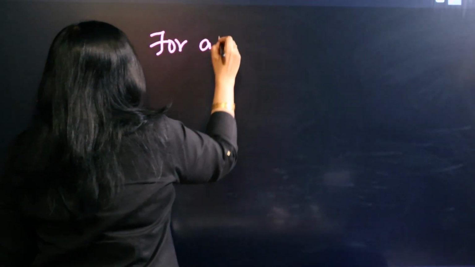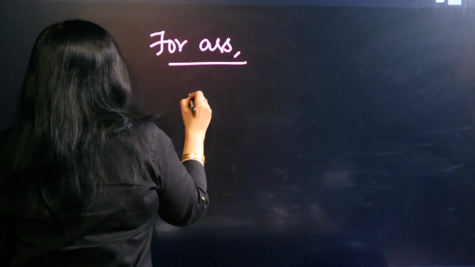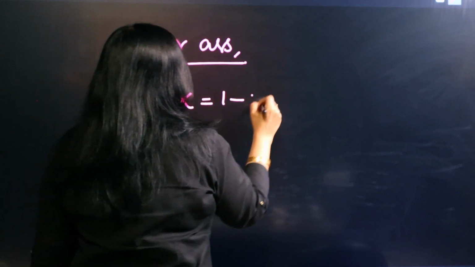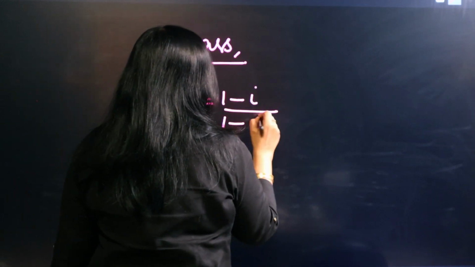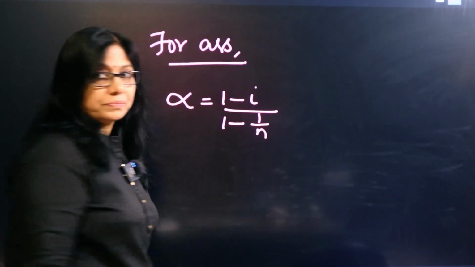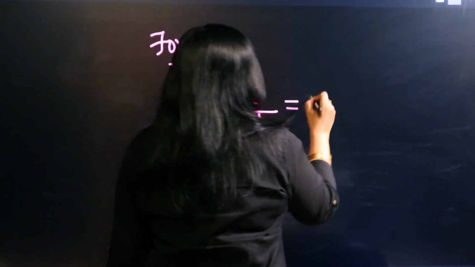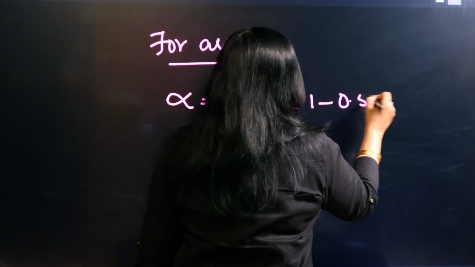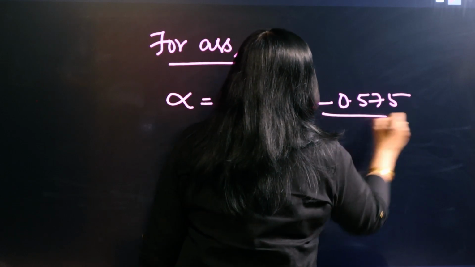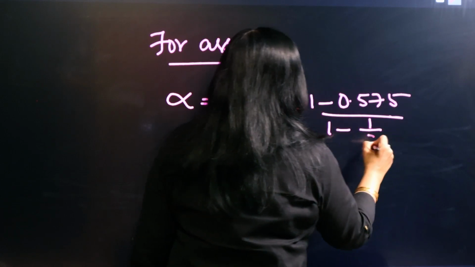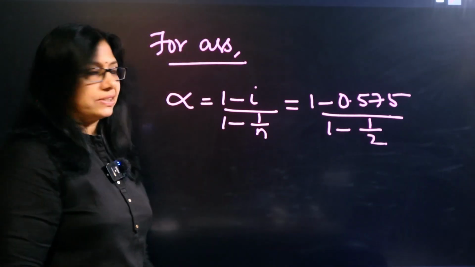So now let us take, for association, alpha is equal to 1 minus i by 1 minus 1 by n. That means 1 minus 0.5275 by 1 minus 1 by n, where n is 2. It is dimerization.